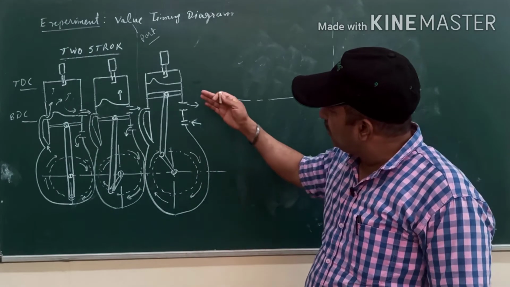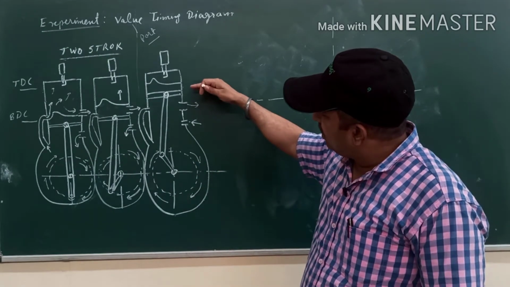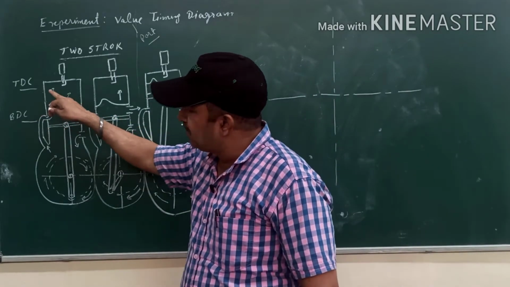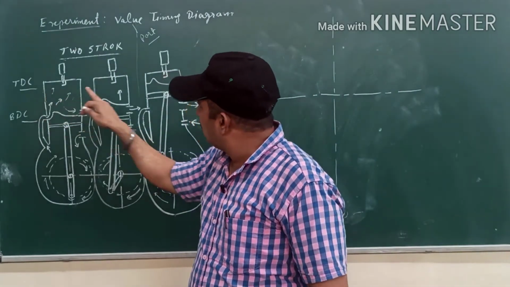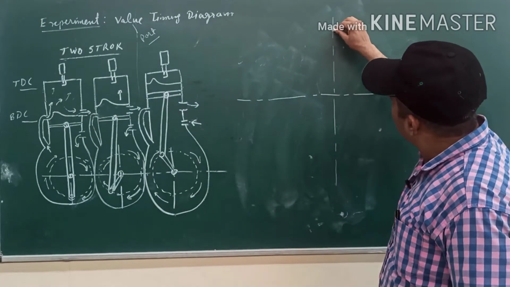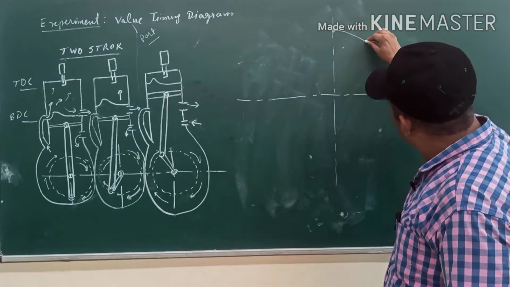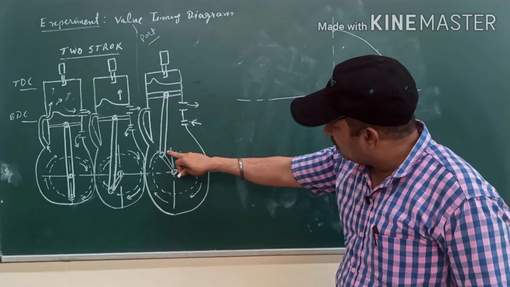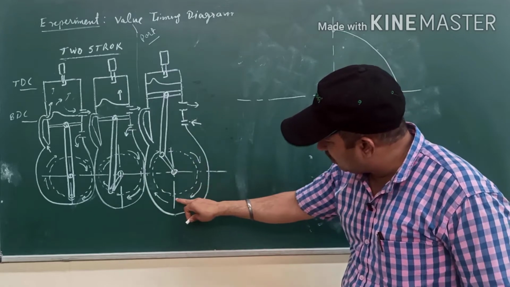So start from the TDC. This piston is at the top dead center. So we mark here, and the crankshaft rotates. You can see the crankshaft rotate downward.